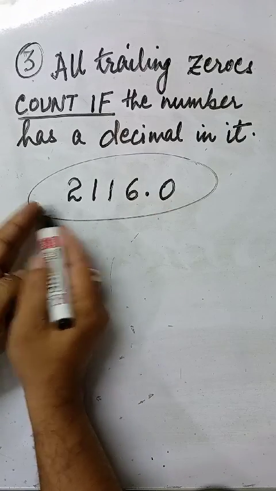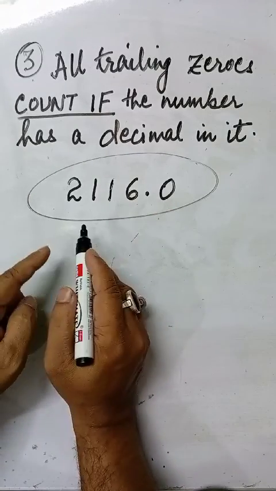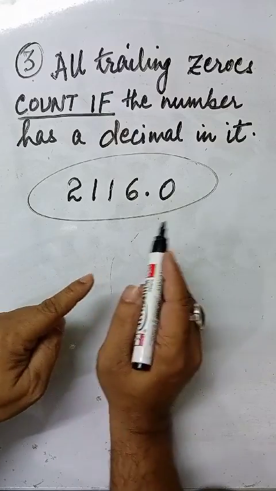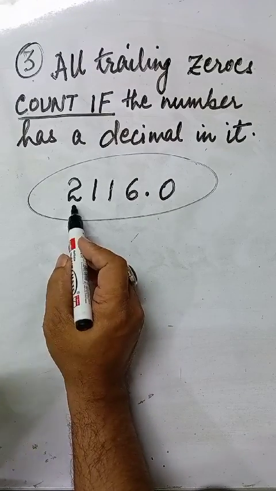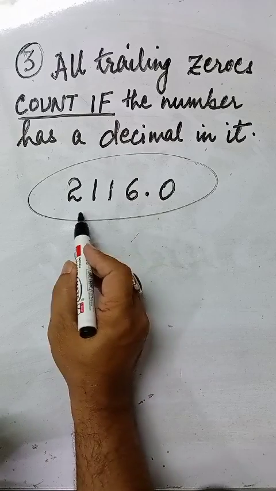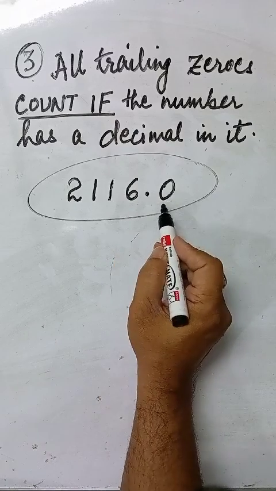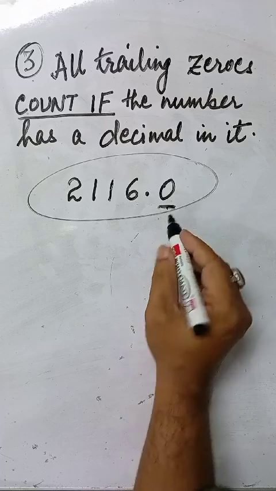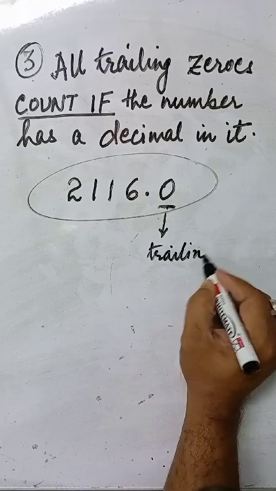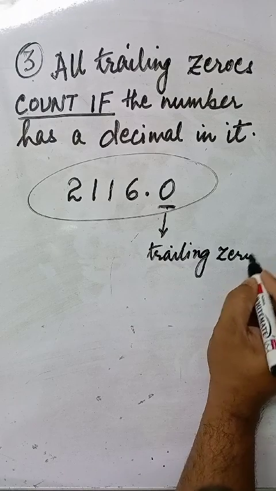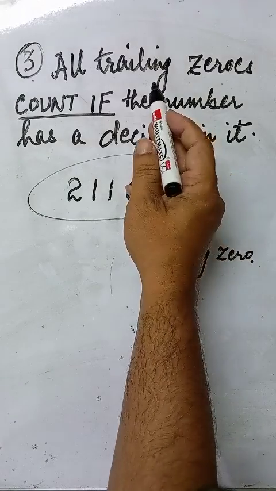So are there any leading zeros? No. Are there any non-zero digits? Yes, 1 2 3 4 non-zero digits are there. So according to that first rule, all these four will be counted. Now comes this particular zero, which is the trailing zero. So what does the trailing zero rule say?